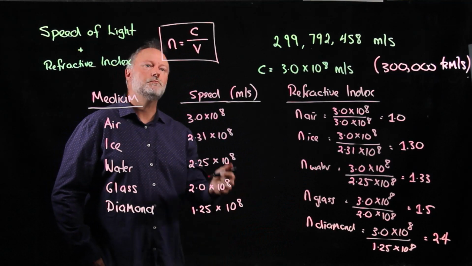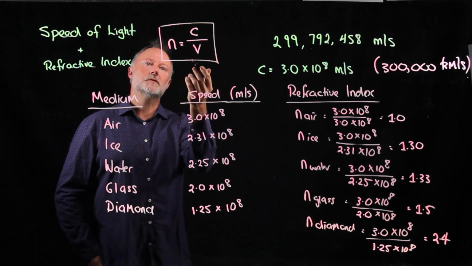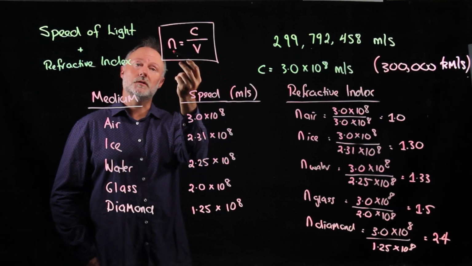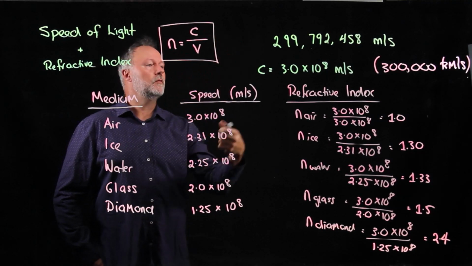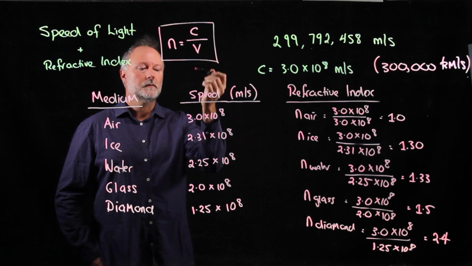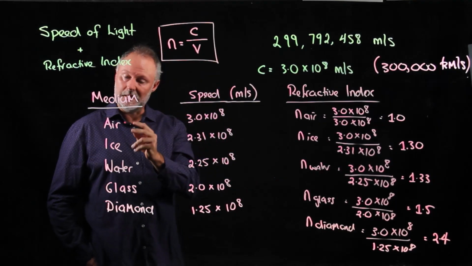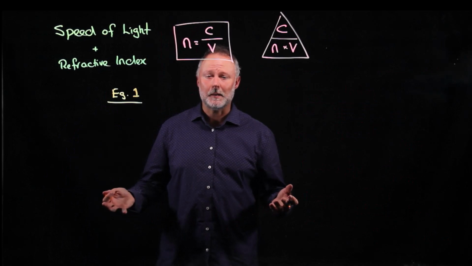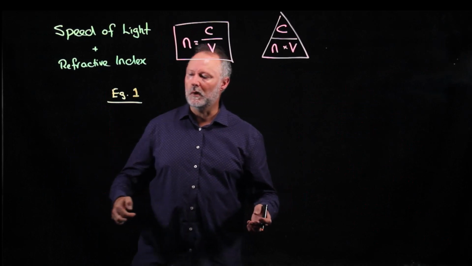And this calculation is purely being made from this equation, where the refractive index of the material is equal to the speed of light, c, 3.0 by 10 to the 8, divided by v, the speed of light in that given material. Let's consider a couple of examples. Example number 1.